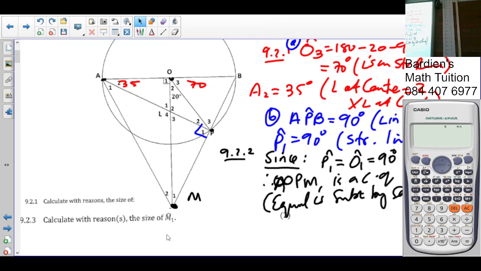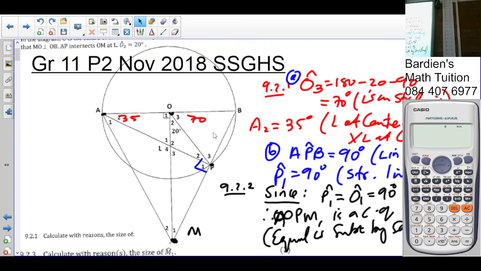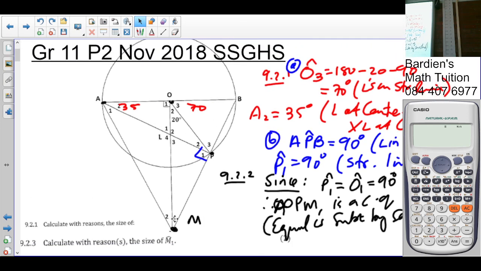There's your M1. So if we look at M1, M1 is the same as A2. Can you see that, people? I'm running out of colors here. Can you see the angles in the same segment? Why? Because that is now a cyclic quad. Okay? So we can say that M1 is 35 degrees.